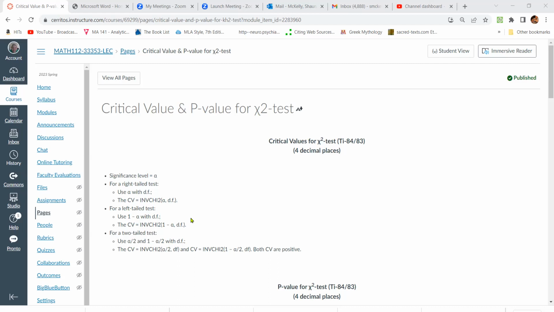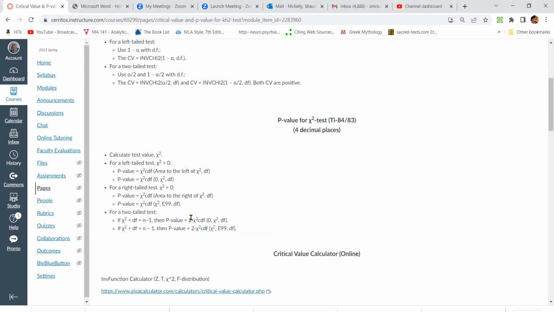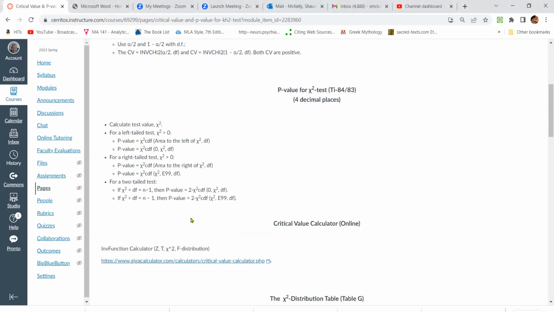P-values, there's a little bit of a difference with that. When you're calculating a p-value that has two tails, you actually pay attention to whether your test statistic is larger or smaller than the degrees of freedom to decide which side of the distribution you're on.